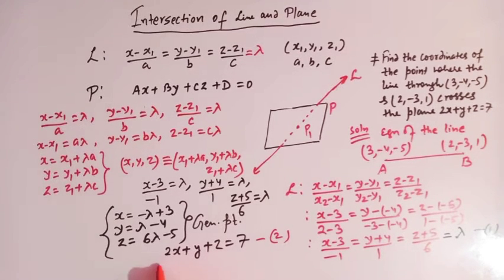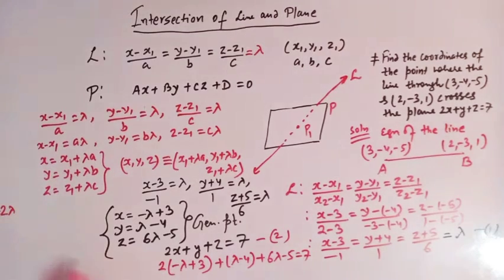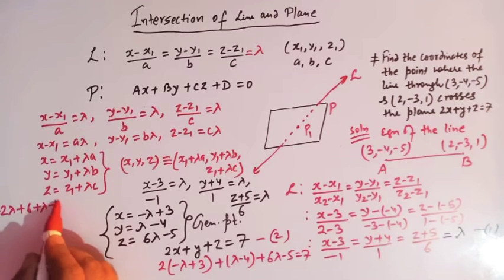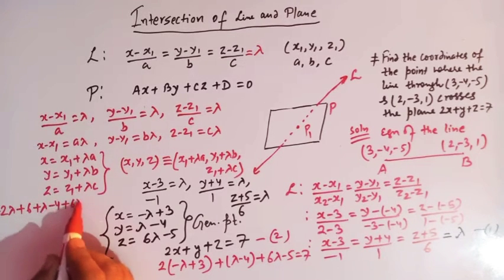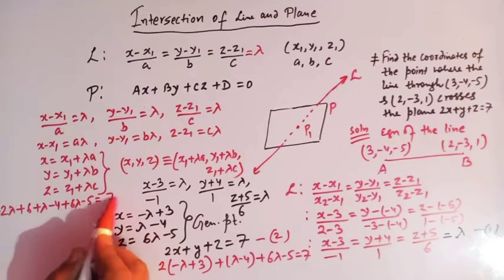Now we substitute, so we get 2 times (minus lambda plus 3), plus (lambda minus 4), plus (6 lambda minus 5) is equal to 7. So we have minus 2 lambda plus 6, then lambda minus 4, plus 6 lambda minus 5 is equal to 7.